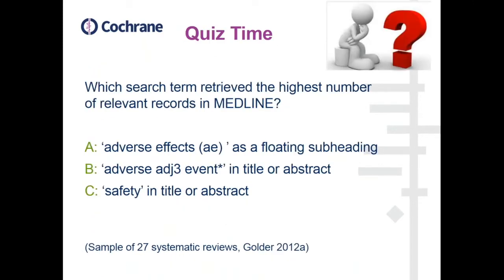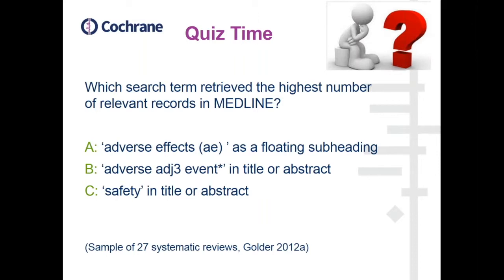So I would like to do a quiz. It's not a trick, it's just to see what people think the most sensitive search term was when we looked at 27 systematic reviews of drug interventions. So I'd like you to think which you think it would be. Which search term would retrieve the highest number of relevant records in MEDLINE?